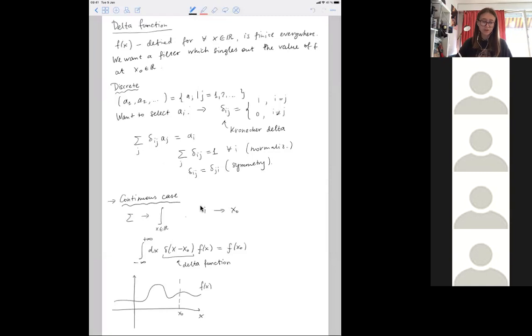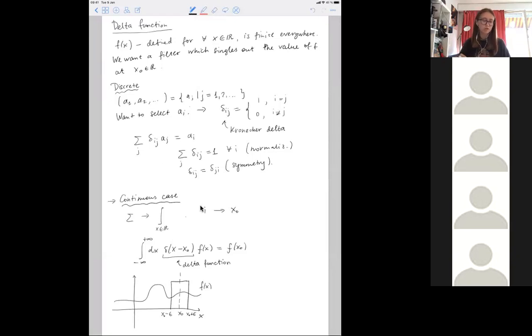For this we take, as a preliminary object, this kind of window function here, which looks like a step function, but it goes from x0 minus epsilon to x0 plus epsilon, and its height also depends on the epsilon that we choose.